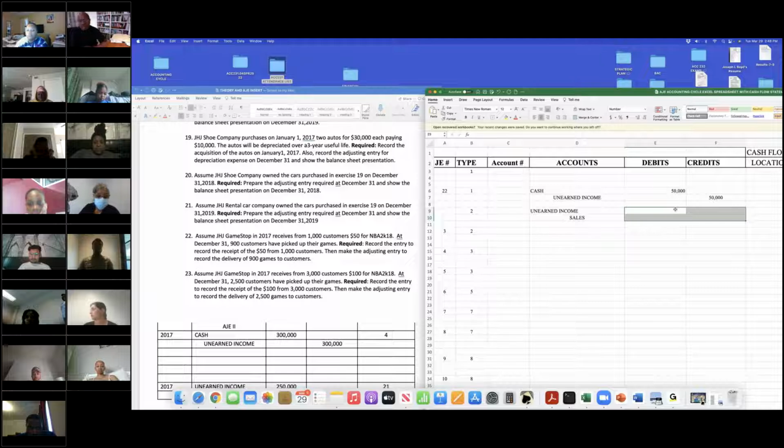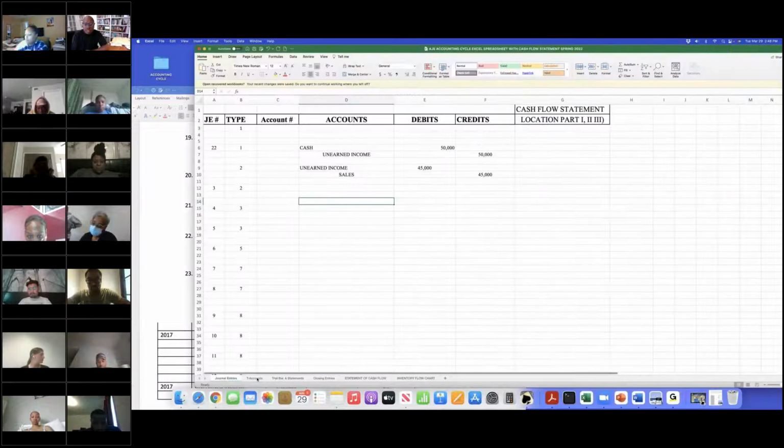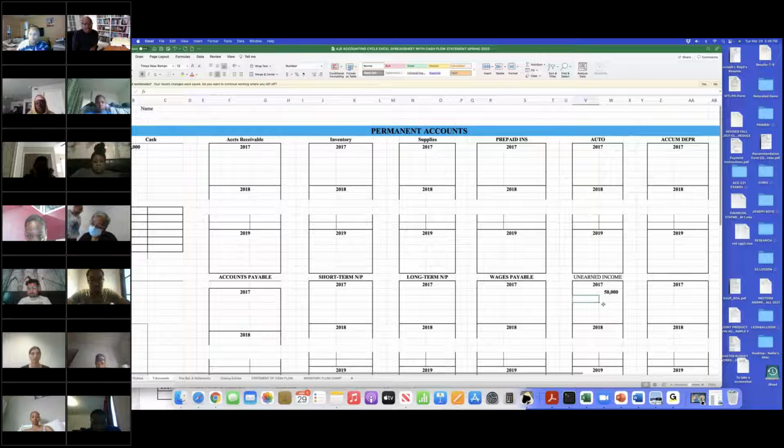So that's all we're doing with this. And then we post this to the T accounts. When we make that posting, we collected 50,000. This is a liability until we deliver.